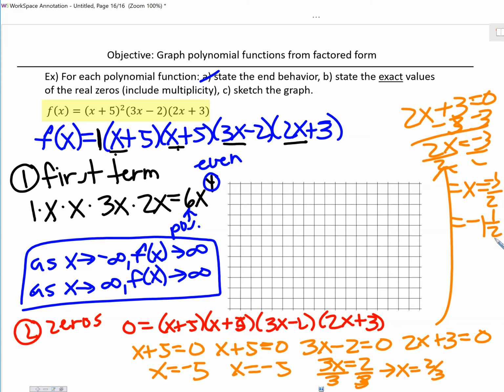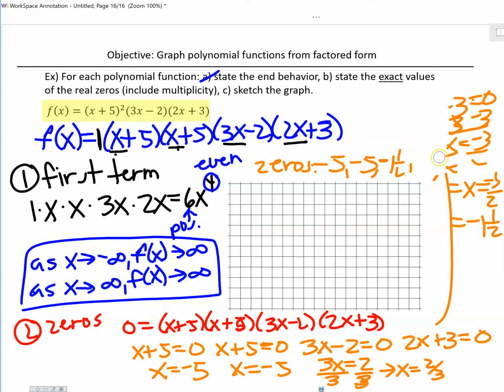All right, so our zeros then are, from least to greatest, negative 5, negative 5, that's our multiplicity, and then negative 1.5, and then positive 2/3.